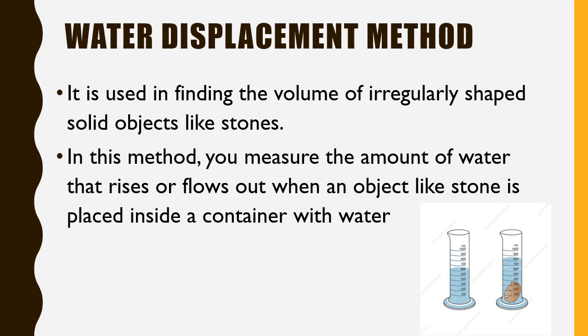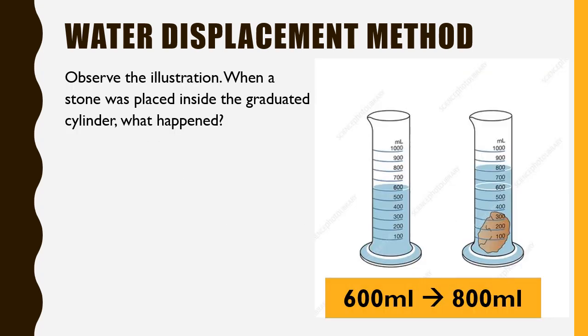In this method, you measure the amount of water that rises or flows out when an object like a stone is placed inside a container with water. Observe the illustration. When a stone was placed inside the graduated cylinder, what happened?